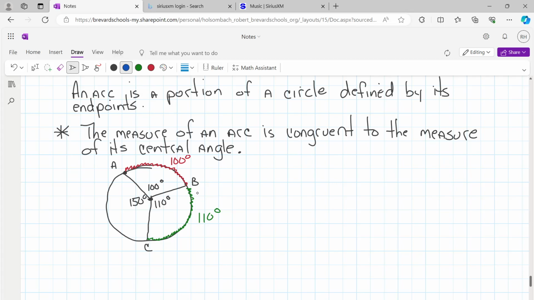And then arc AC, which was formed by a central angle that had a measure of 150 degrees, will measure 150 degrees.